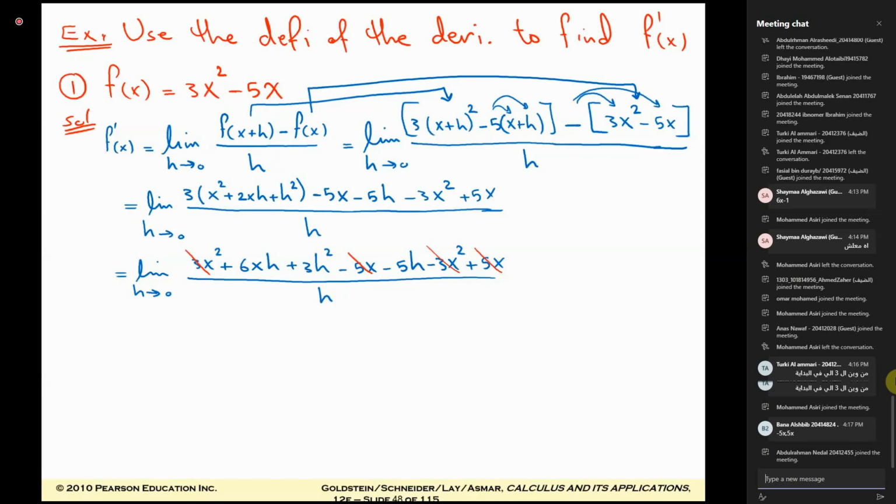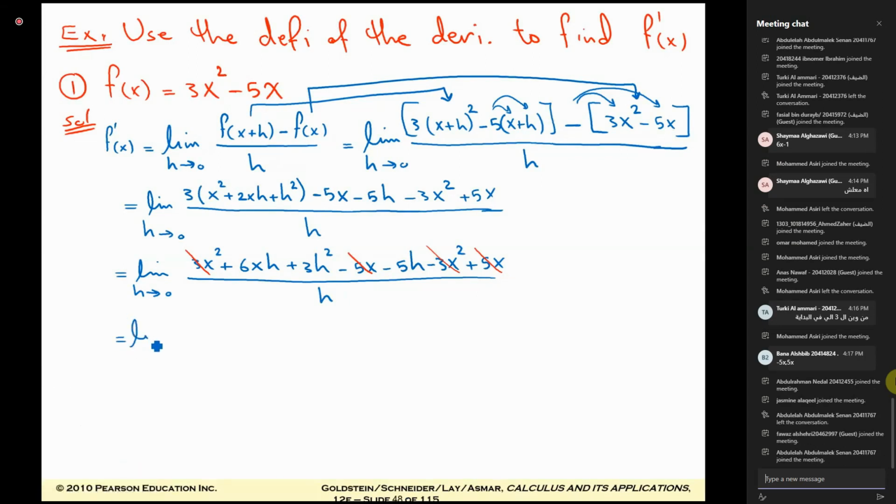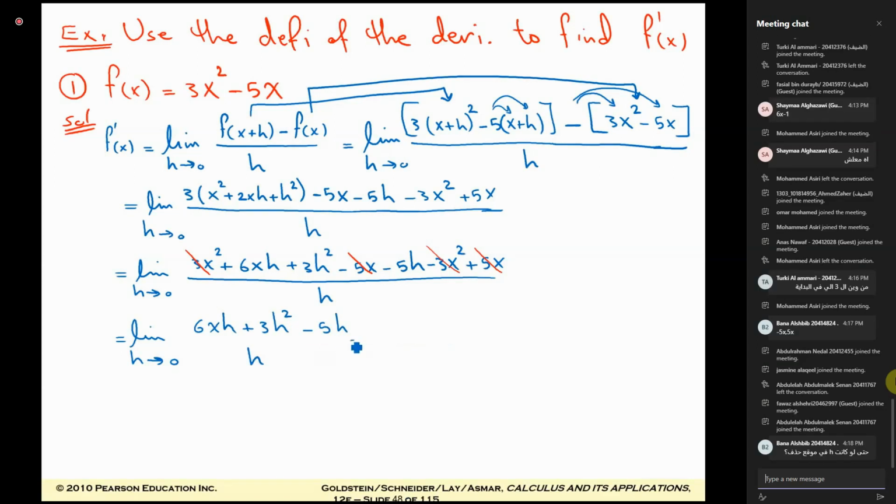Okay? Now, return to our fraction. We have the final fraction 6xh plus 3h squared minus 5h over h. This is the final fraction.